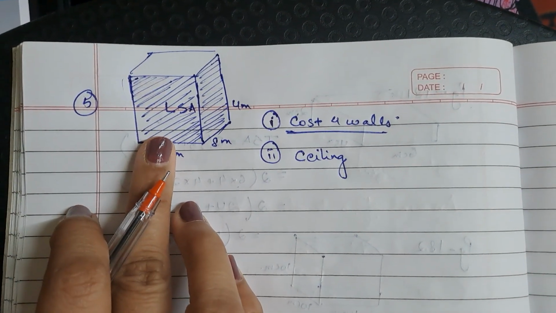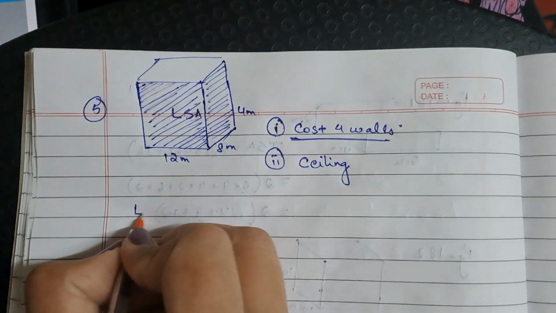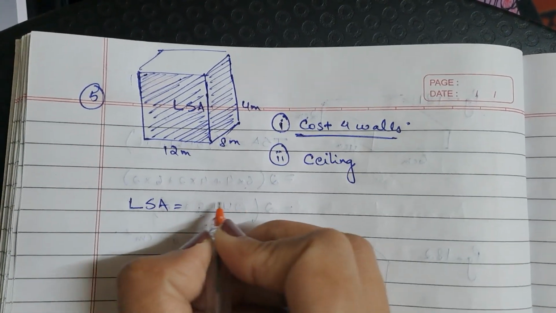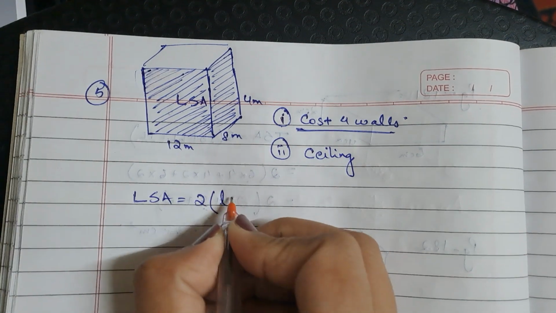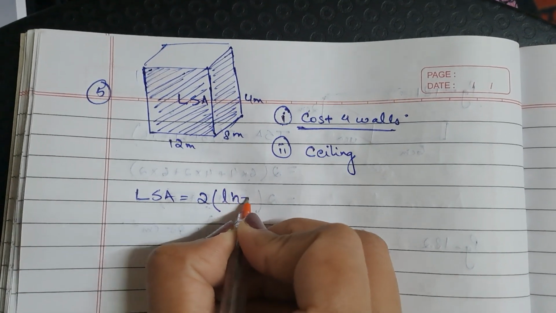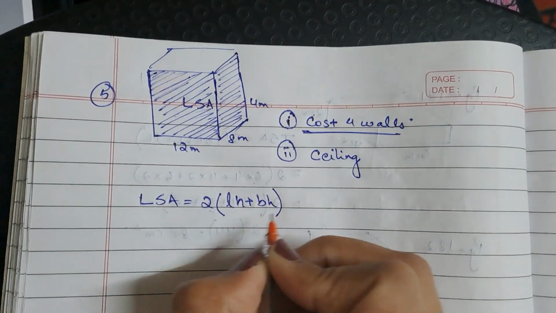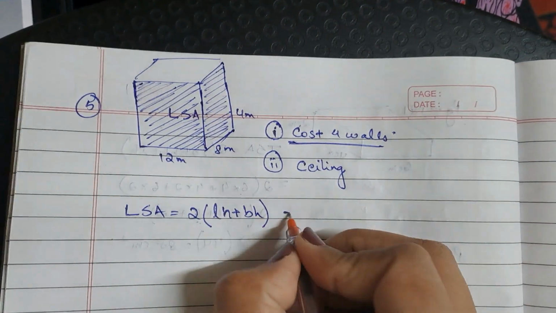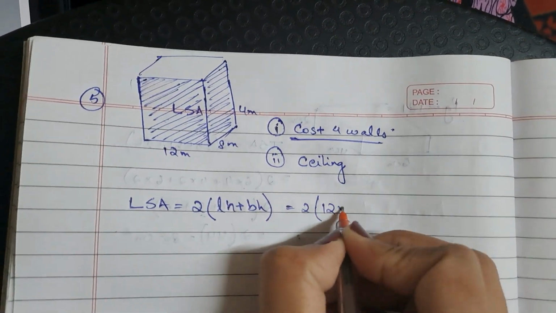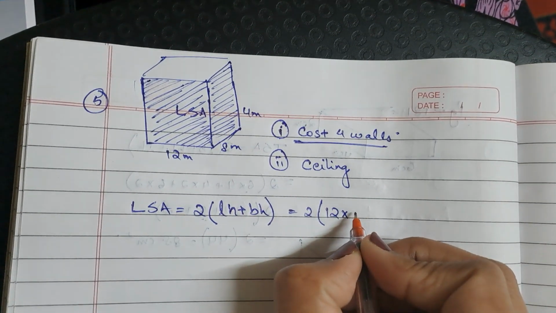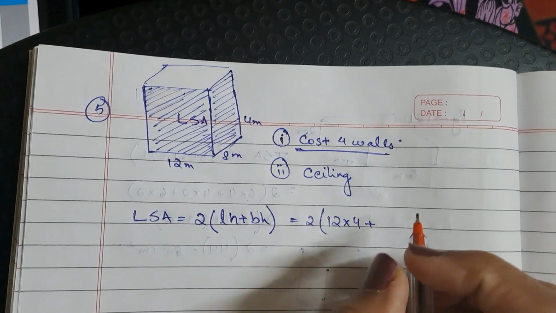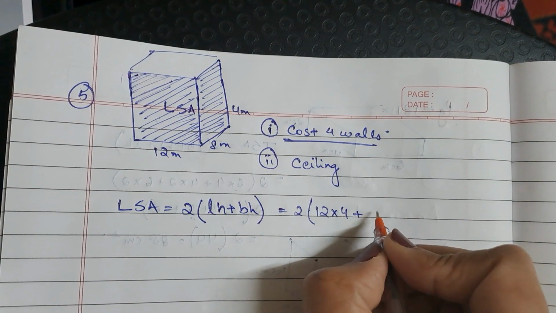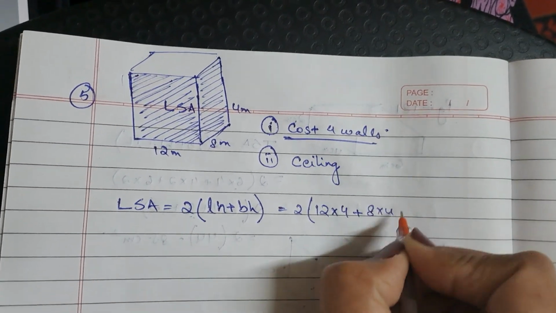So first we'll find the LSA as per the thing over here. The LSA of the cuboid is 2 into (LH plus BH). LB part will go away because we are not taking the base part as we said. So that is 2 into (12 times of 4 plus 8 times of 4).